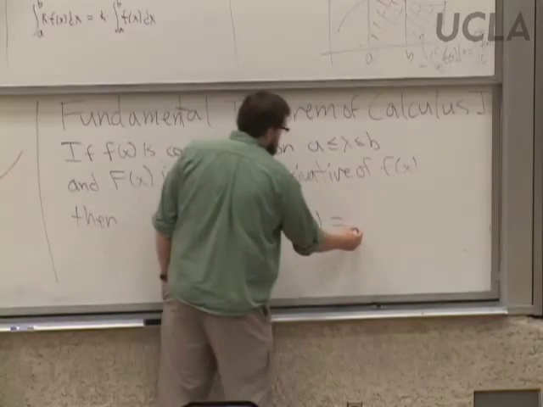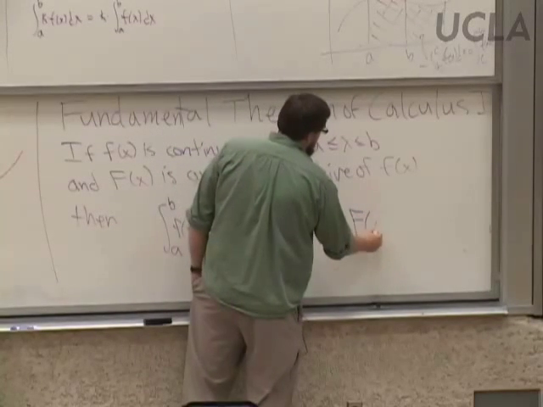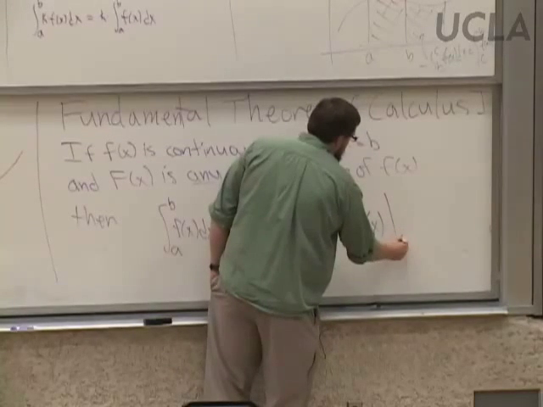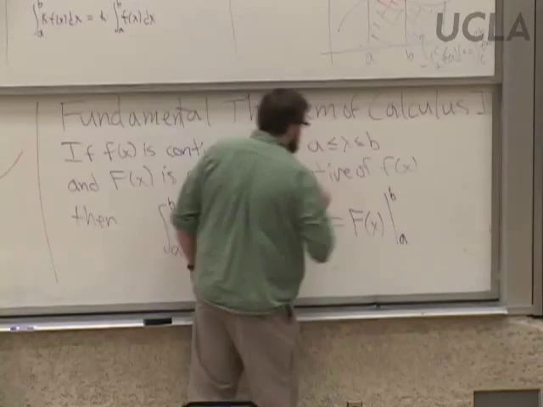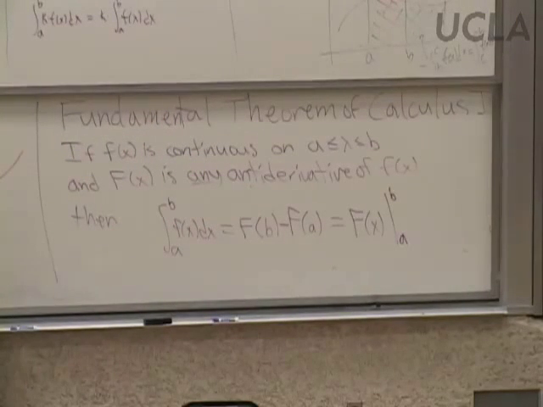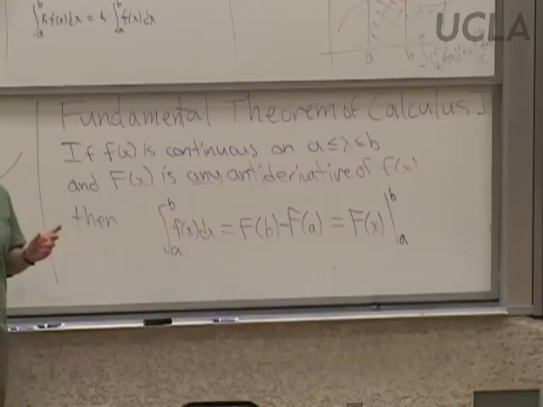And there's another notation for this, by the way. Let me write it down. This is also known as capital F of x evaluated from a to b. So this is the first fundamental theorem of calculus. Now, what's the idea here? We've done 2 kinds of things in calculus.